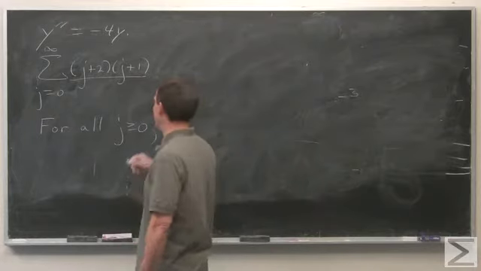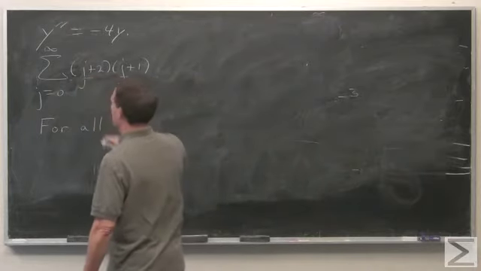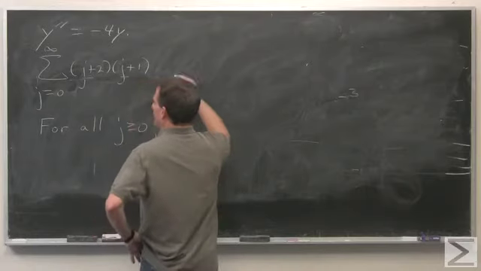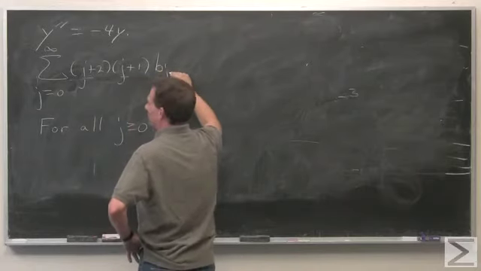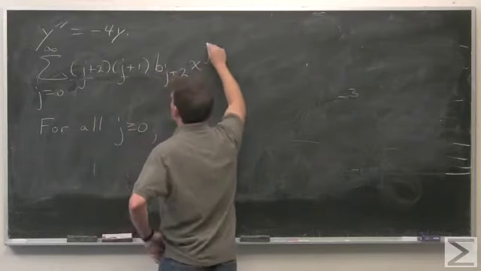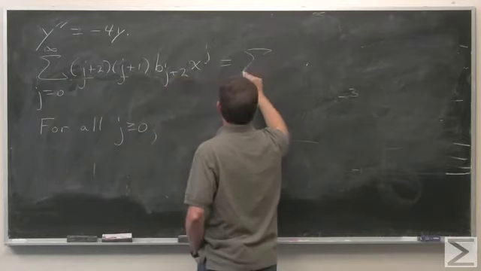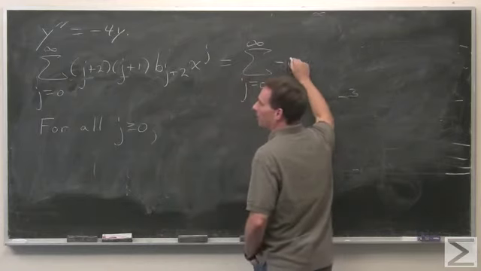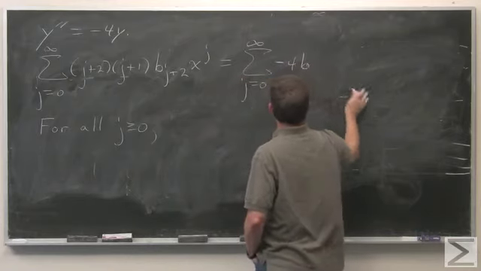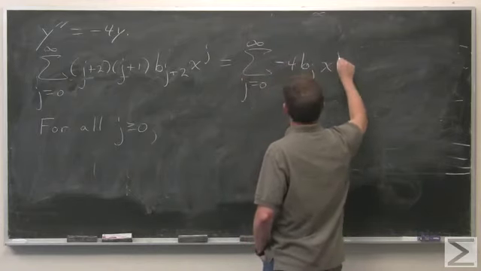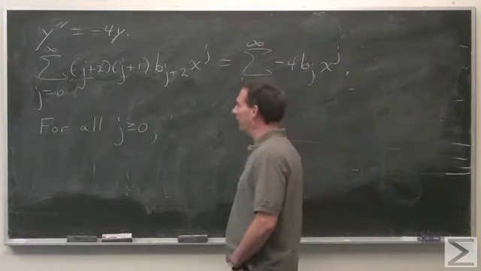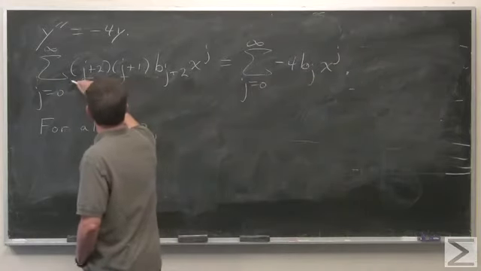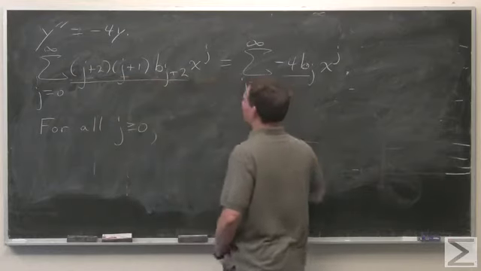You get a b sub j plus 2 x to the j. And this should equal the sum, as j goes from 0 to infinity, of minus 4 b sub j x to the j. So now let's try this again. You need this coefficient to be the same as this one.